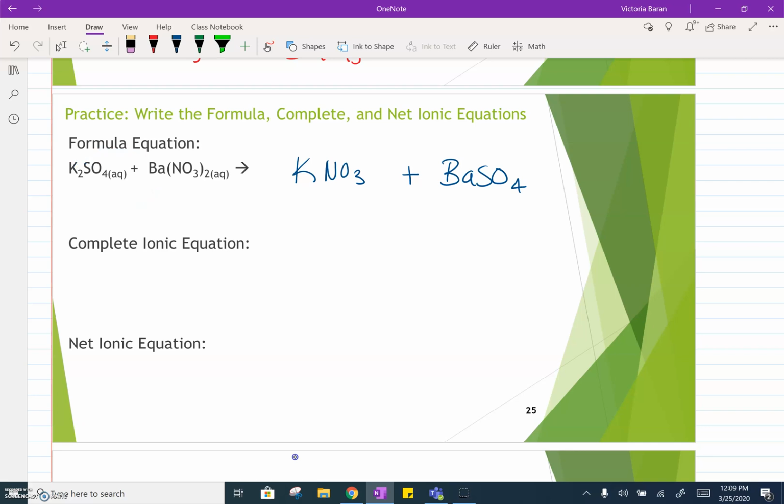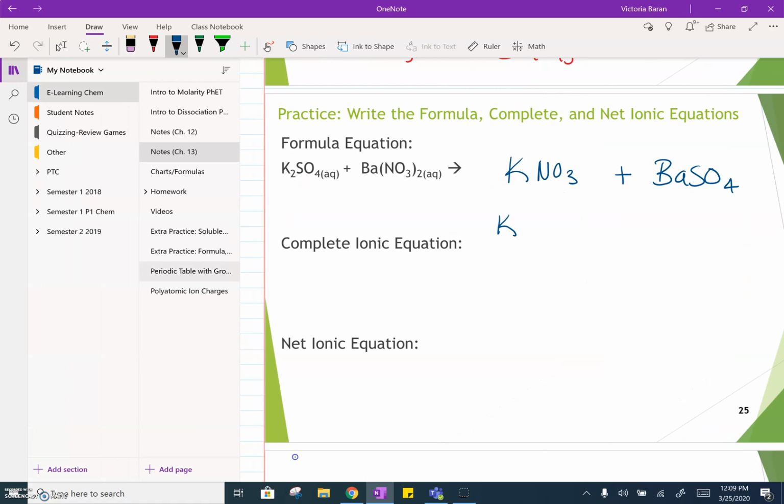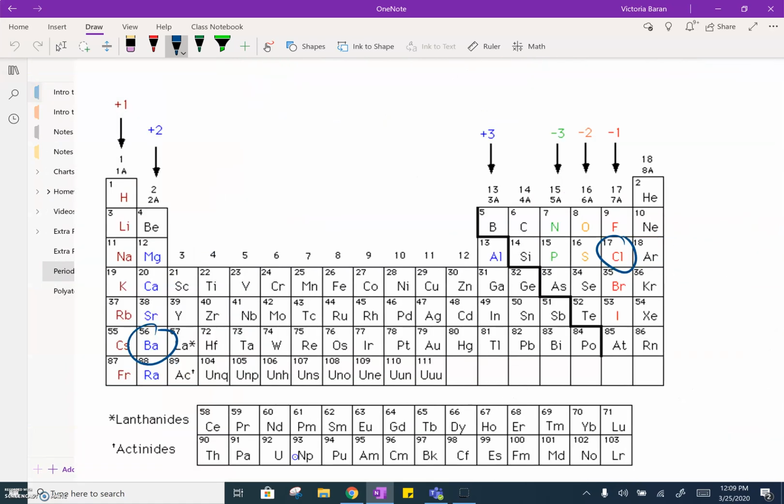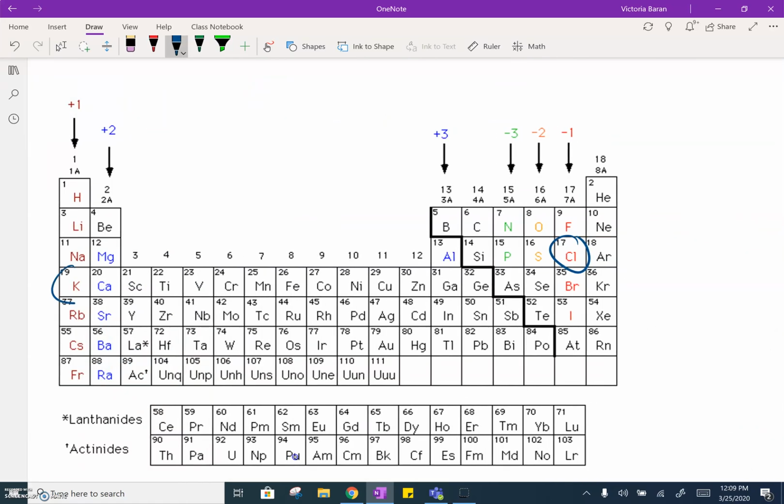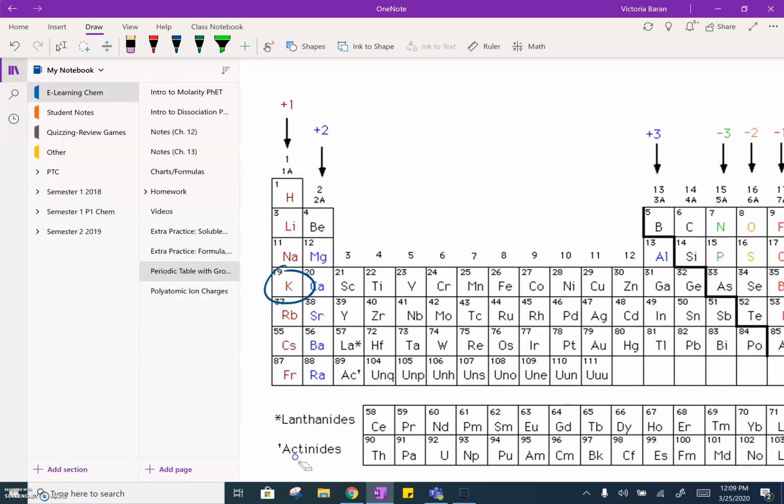Now, the next thing I have to do is make sure that the formula compounds are written correctly. So we have to do the crisscross with the charges. So potassium, again, you can refer to your periodic table. So here is potassium. It has a charge of +1.